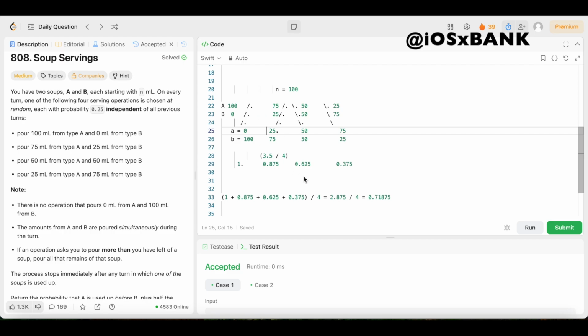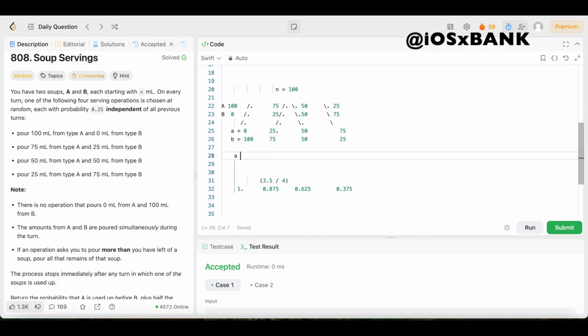So let me just come down here so y'all can see. If we're looking at this branch right here, there's 25 milliliters left in A and there's 75 milliliters left in B. So if we perform these operations again on this right here, we pour out 100 from A and 0 from B. So now A would be 0 because A only has 25 and we poured out 100.